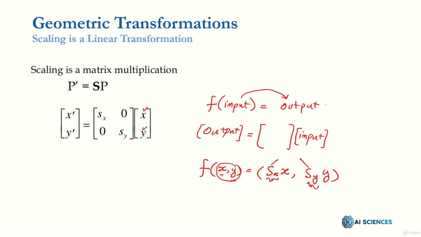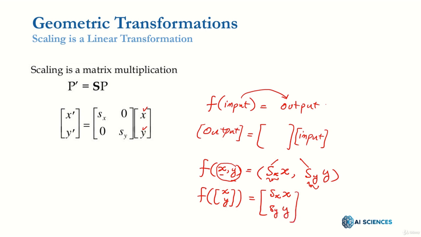Now we can represent these two variables as a vector, which means we can rewrite the same thing in vector form. That is just a list of variables written this way. And the output is also a vector, which is sx times x and sy times y.